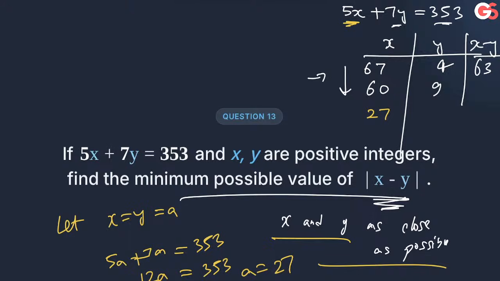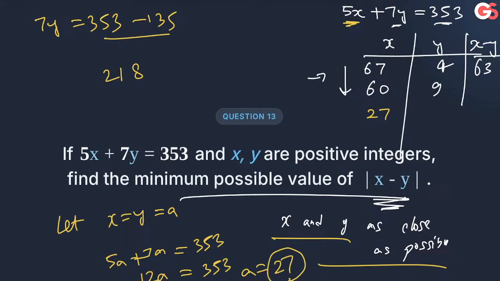So 7y is equal to 353 minus 135. Is it divisible or not? We need to check it. ठीक है. 218 is not divisible. So let me keep 28 now. Do you understand that? इसी के आसपास होना चाहिए, 27-28 के आसपास होना चाहिए.